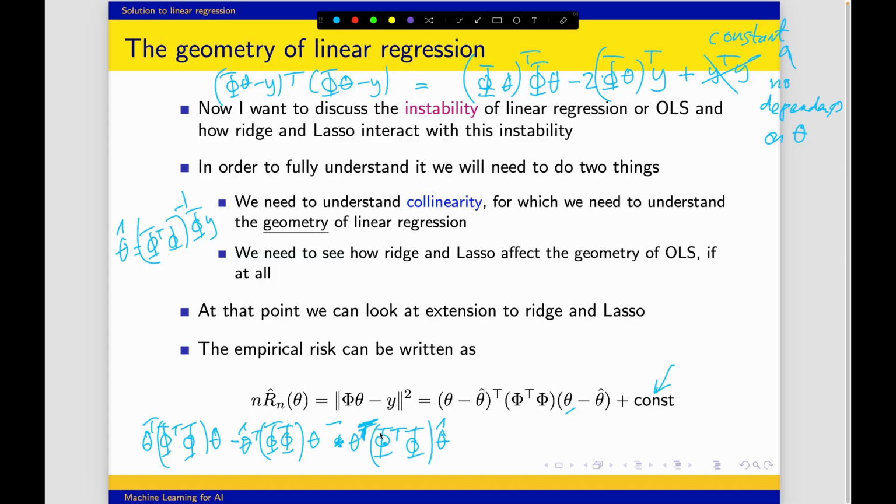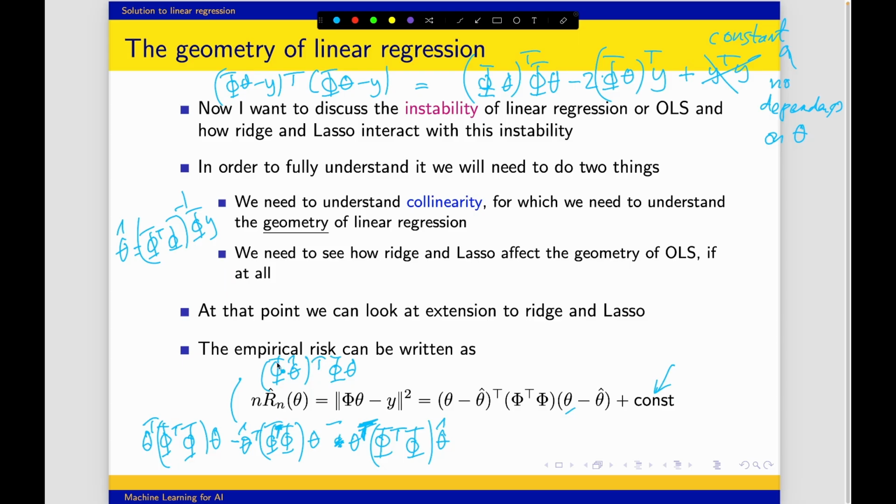That's easy to see actually, because we can write this one here as phi theta hat all transpose. So that's this one and this one. What I've done is phi transpose phi times this phi theta.